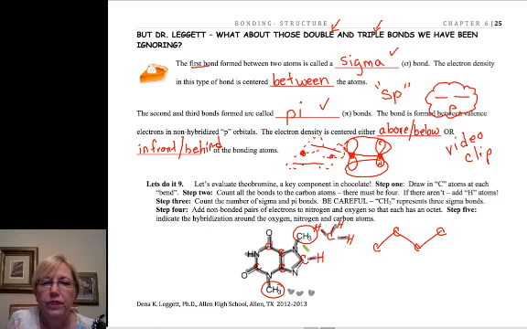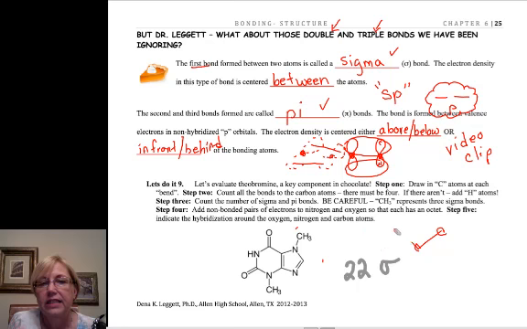Okay, I think I'm getting 22, so I'm going to have you double check for me. So that would be 22 sigma bonds, and I am sure somebody will come into class to tell me if I'm wrong. But hopefully you get the idea there.